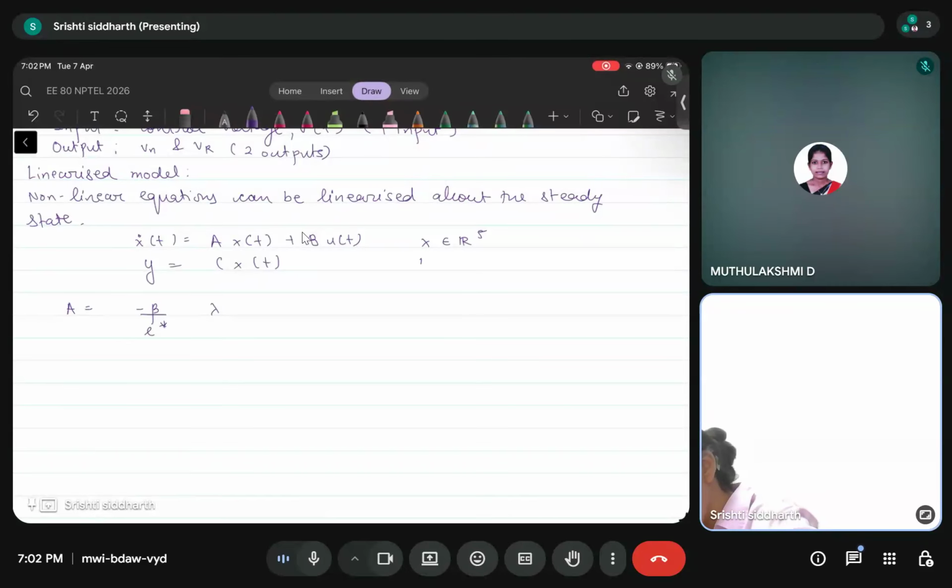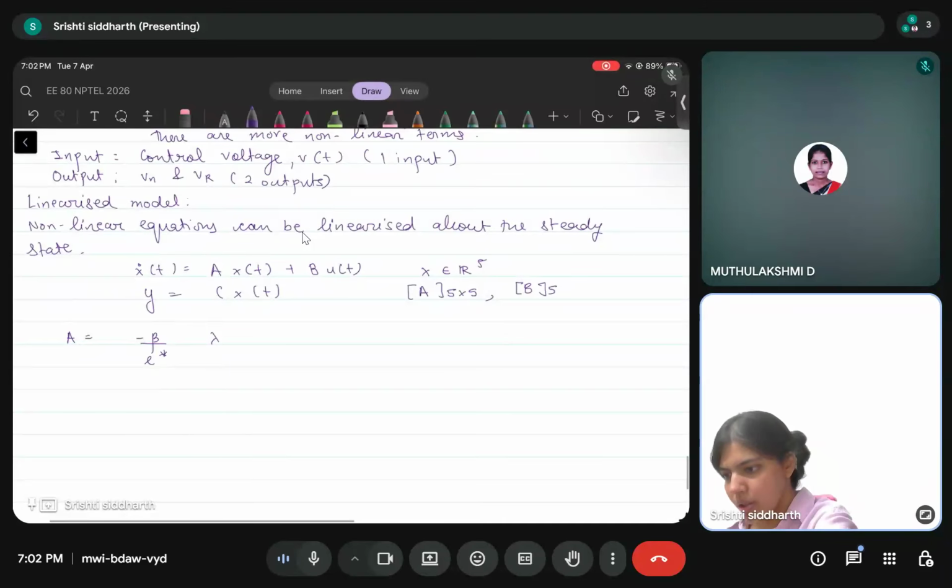So what's the size of the A matrix? A would be 5 by 5, right? Then B would be, so we have 5 states and 2 inputs. It would be 5 by 2. Let me check if this is correct. Sorry, there's one input, right? Only the voltage. So this is 5 by 1. It's a column vector. C, the output, we have two quantities at output and we have 5 states. So this is going to be 2 by 5.